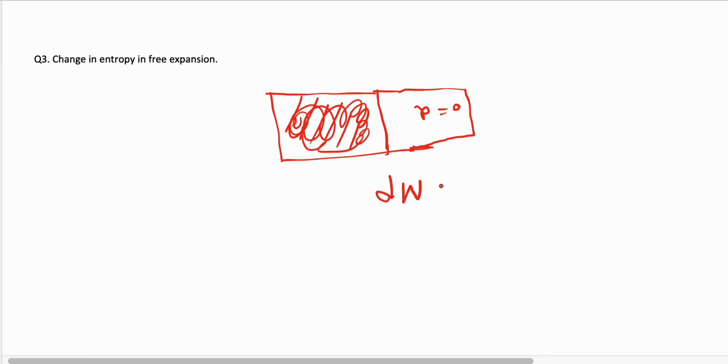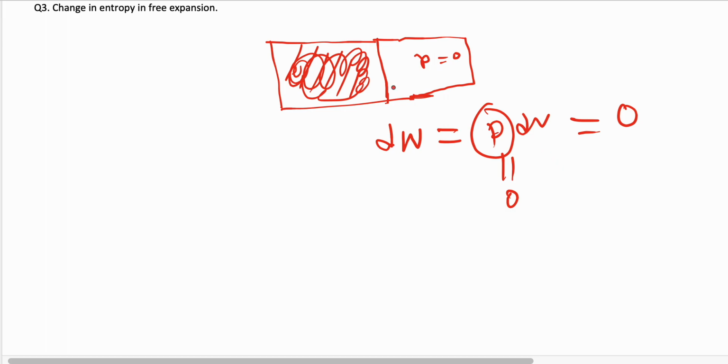Since dW equals p dV, and the pressure is 0, the gas will do no work, and it is thermally isolated. That means it cannot exchange heat with the surroundings, so dQ is also 0.